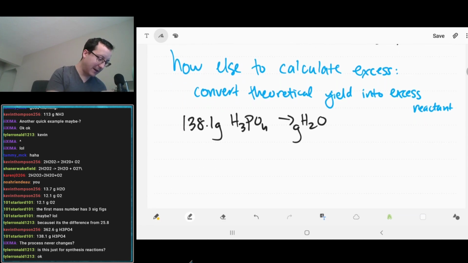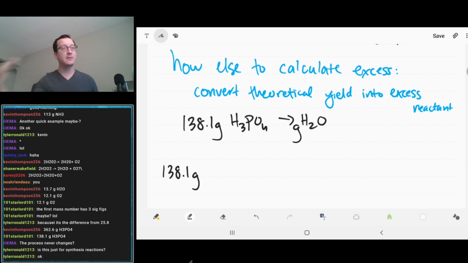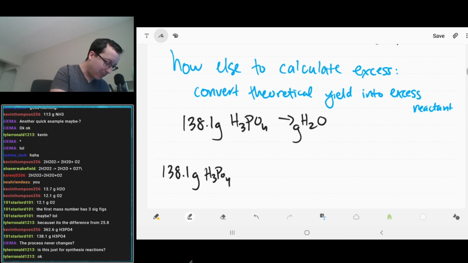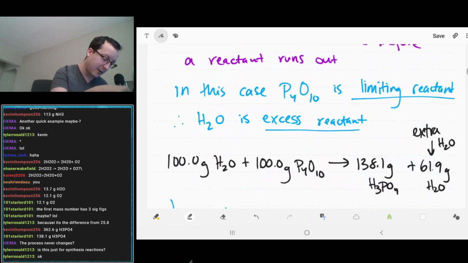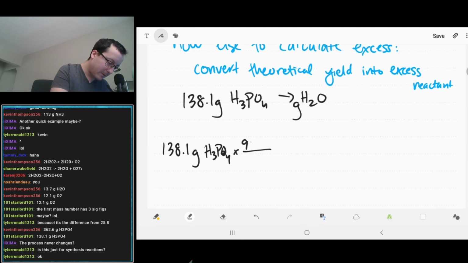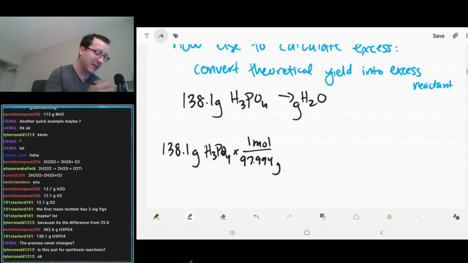Just like before, anytime you're converting from the mass of one substance to another, we do exactly the same thing. We're just doing the same thing that we've done before, but now it's in reverse.